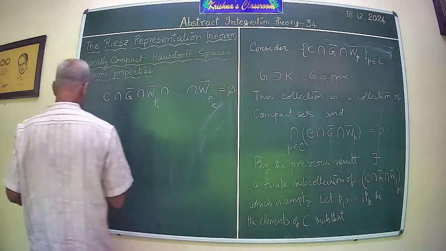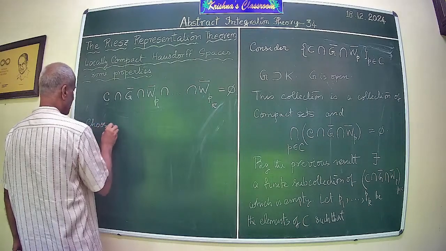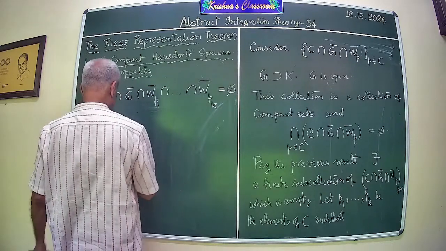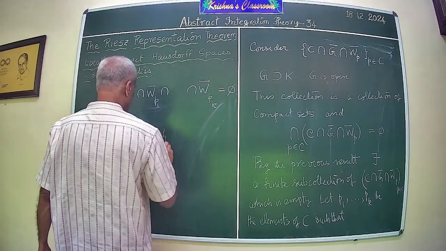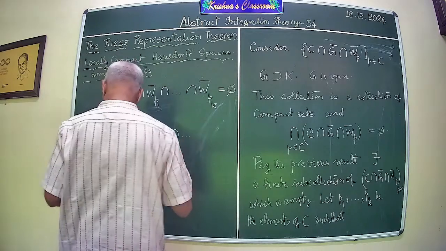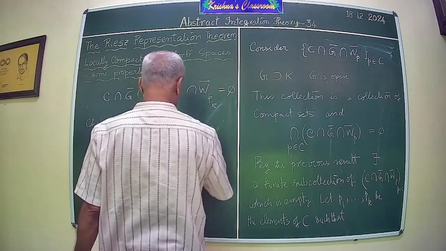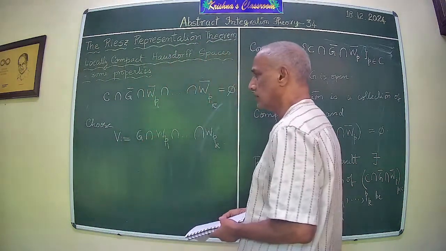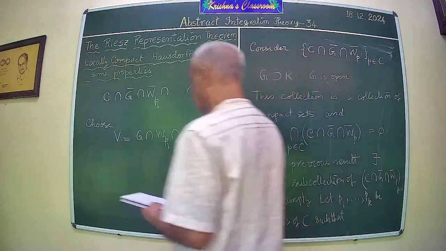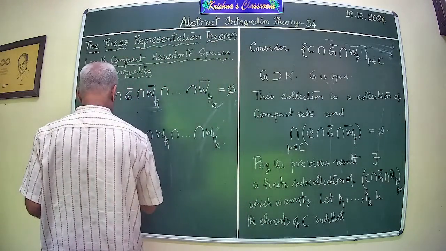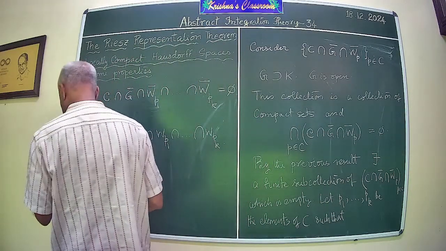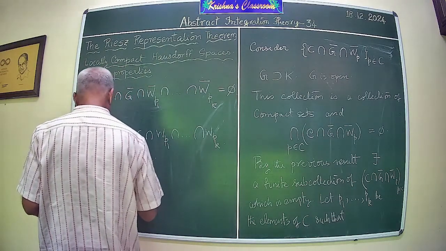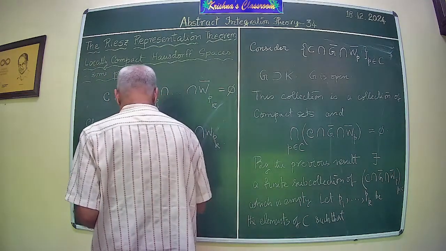Then what you have? So choose, or define, V to be equal to G intersected with the W_p's. Now this is a finite intersection of open sets, therefore V is open. Now V closure is contained in G closure intersection the W_p closures.